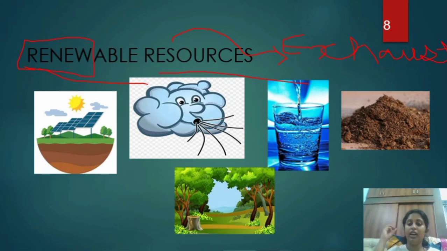Okay, it will not be exhausted. The sun will be providing energy for at least billions or trillions of years. Till then we can use solar energy. Wind will always be there till this earth exists.